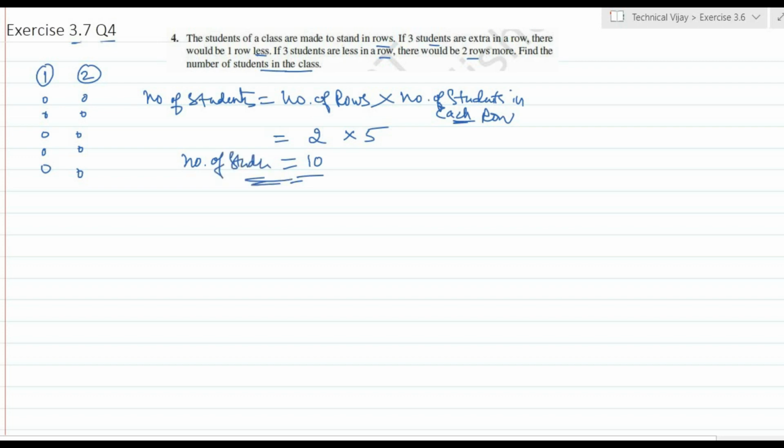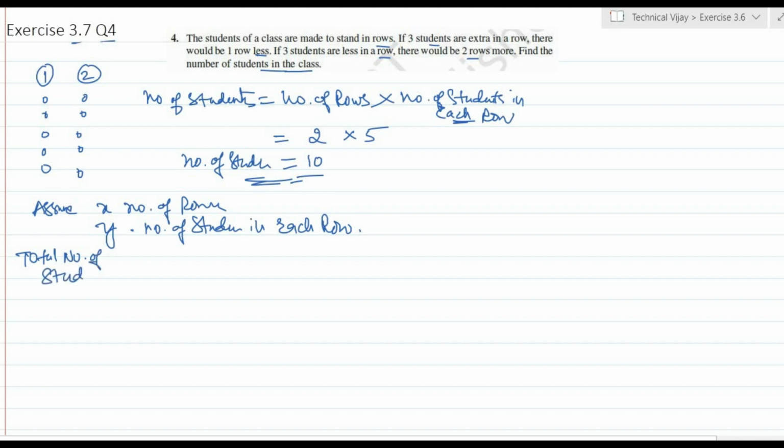So the same situation is there. So here we will assume x is the number of rows, and y is the number of students in each row. Then the total number of students is equal to the number of rows into the number of students in each row, as we have calculated here.